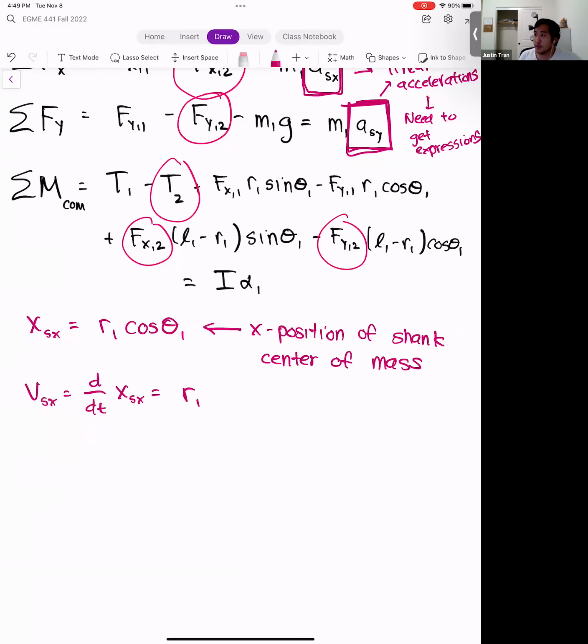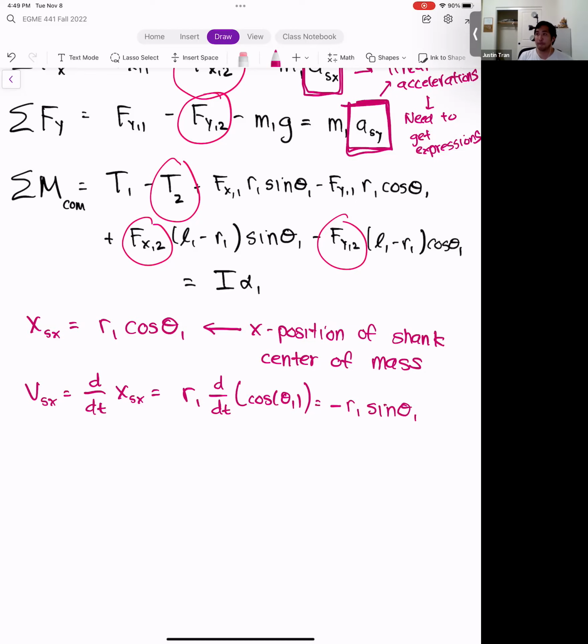So r1 here is going to be the same. But the angle theta 1 is going to change with time, and so we take the derivative with respect to time of cosine theta 1. The derivative of cosine gives minus sine, so we have minus r1 sine theta 1.